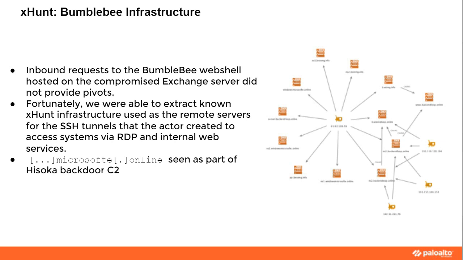That's where we started to see bleed over between current and previous XHunt activity, and that's how we started to map this out into a larger web of activity, both from a tooling perspective and an infrastructure perspective, because we typically analyze both of those in their own silos.